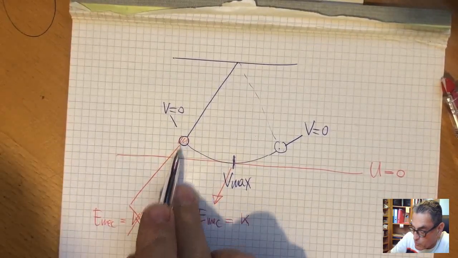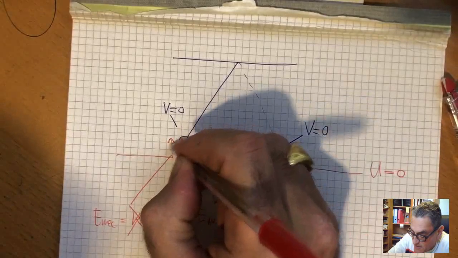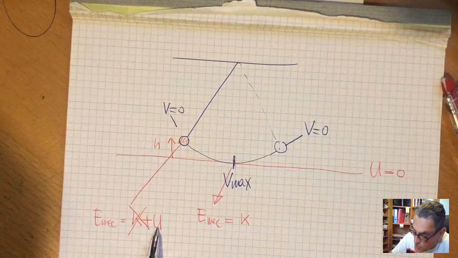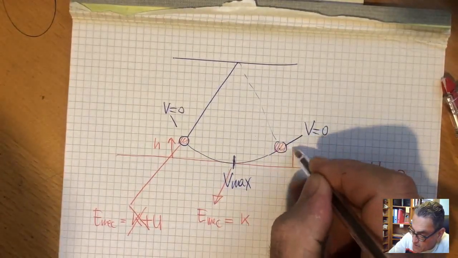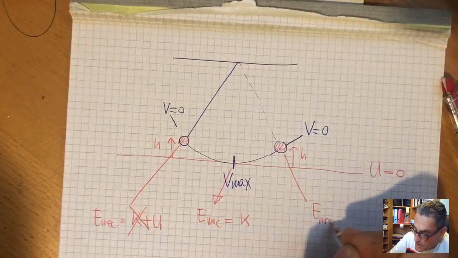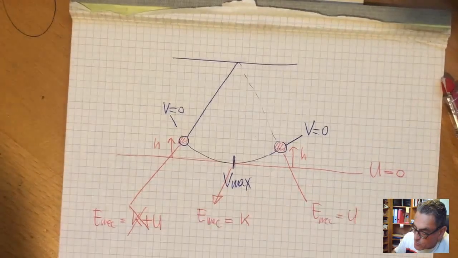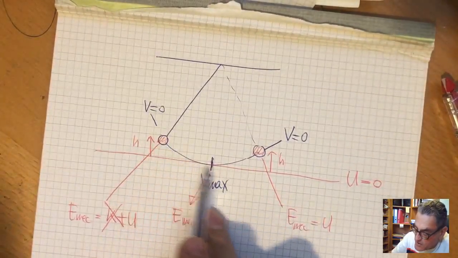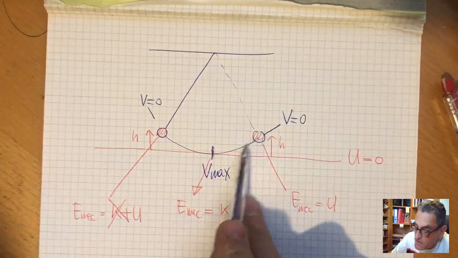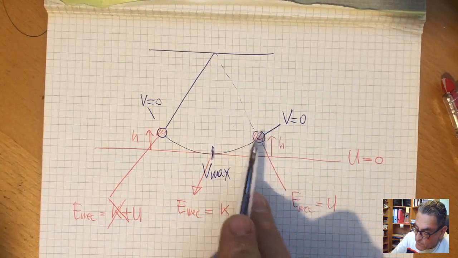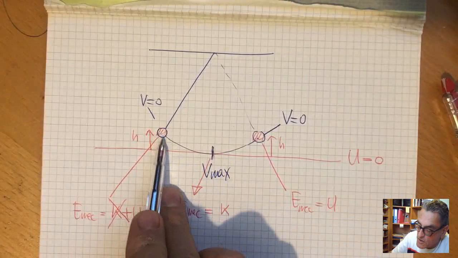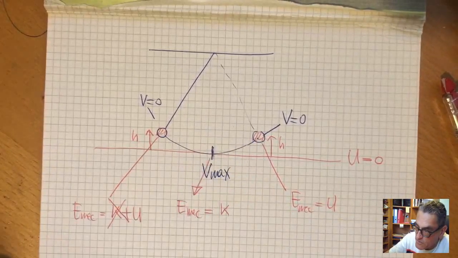So at that point where it's higher, the pendulum has only potential energy, and same on the other side, where it goes up to a height, and the mechanical energy is just U. So you see, when the pendulum oscillates, it constantly transfers energy from potential energy to kinetic energy, then back to potential energy, then back to kinetic, back to potential.